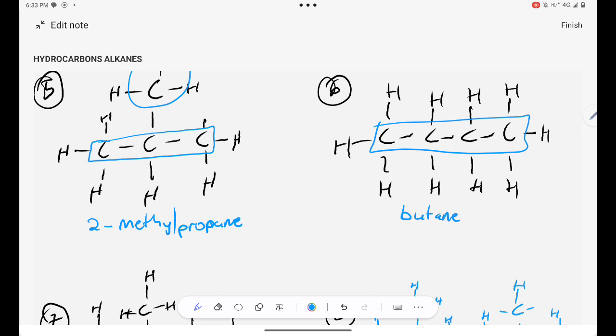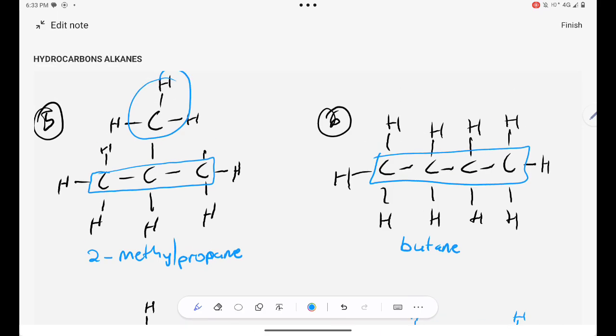Let's pause a bit. These two compounds are called chain isomers of one another. Why? Because they have the same molecular formula but different structural formulas. How many carbons do I have in both? I have 1, 2, 3, and 4.